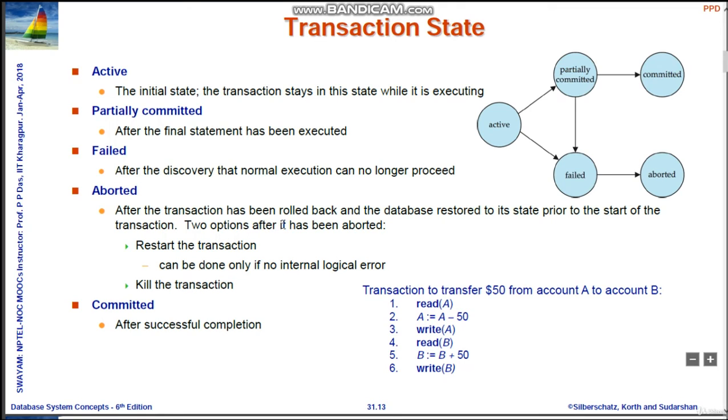After the transaction has been rolled back and the database restored to its state prior to the start of the transaction, means we have failed here. Now our system will be rolled back to the first step again. Restarting the transaction can be done only if there is no internal logical error, and a kill the transaction option. These are two ways to abort the transaction. Committed after successful completion.